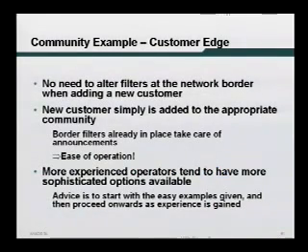Okay? There's a huge advantage of doing this. You don't need to change any filters. If you've got a new customer and you're using prefix filters, what do you have to do? Well, if a customer bought exchange point peering only, you'd have to go to the exchange point filter list and add in his prefix, his address block. And then you've got to do a soft reset of the BGP peering to send that address block out.